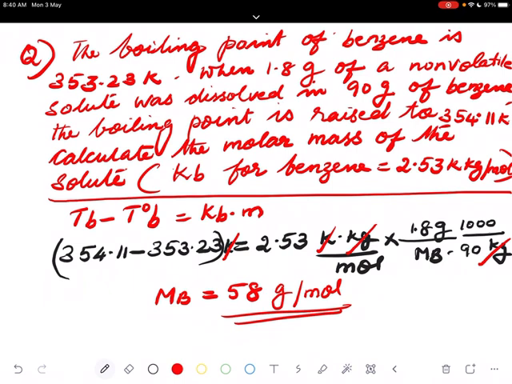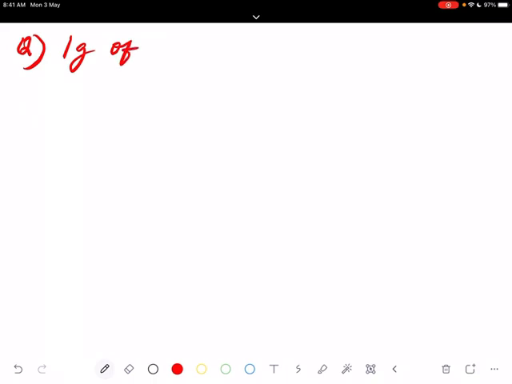Next we are moving to depression in freezing point numericals. Question. 1 gram of a non-volatile, non-electrolyte.